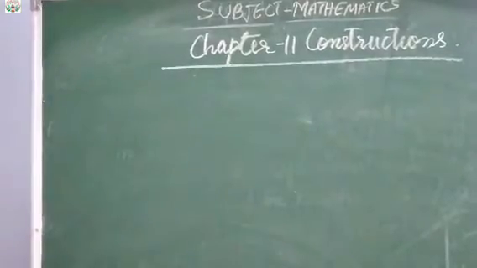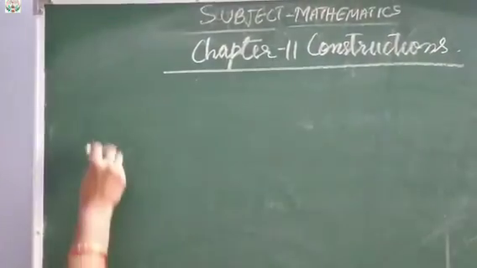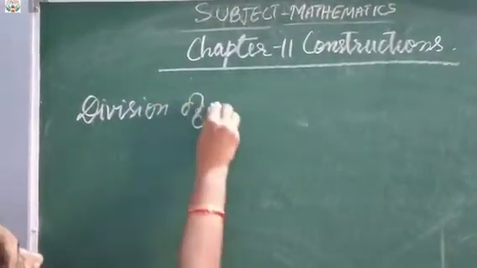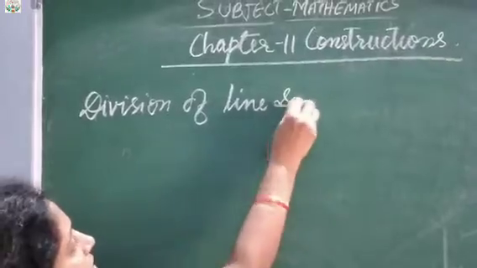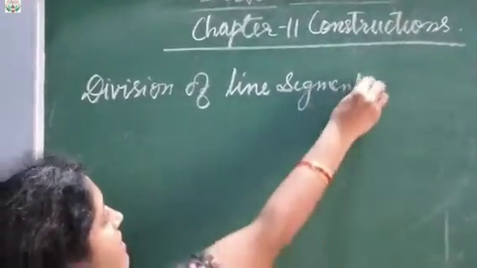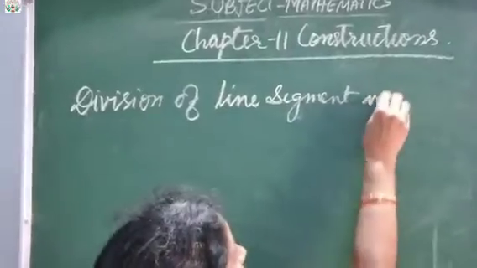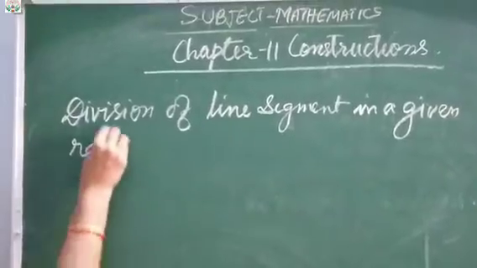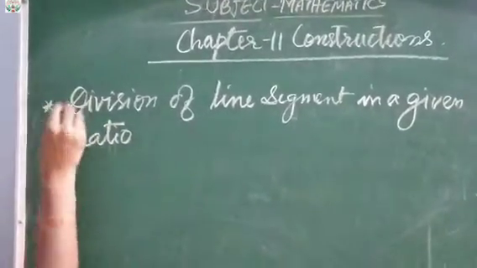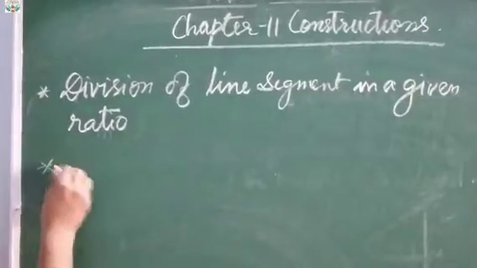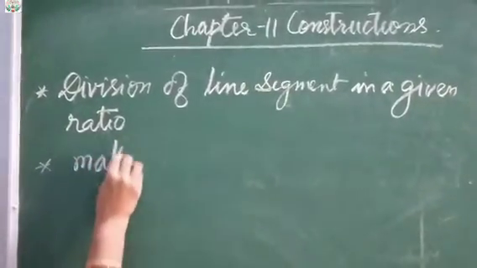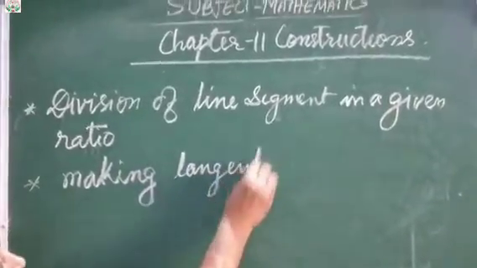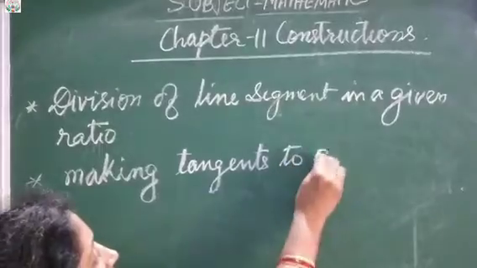In this lesson we will cover two topics. The first is division of a line segment in a given ratio, and the second is making tangents to a circle.